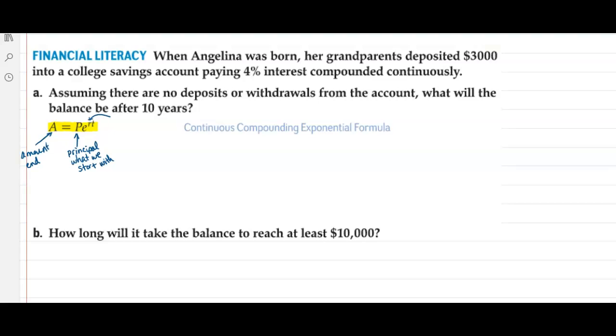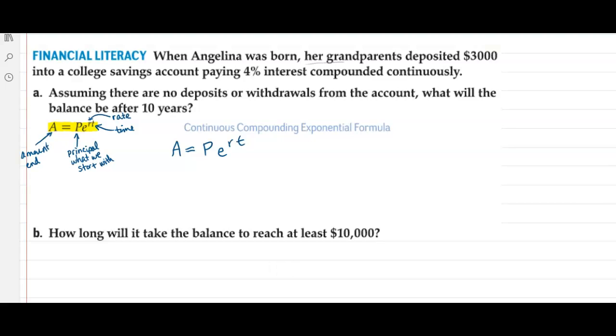R is the rate, and T is the time. So if we start with this equation, A equals P E to the RT, let's take each little bit of information that we're given and plug it in.